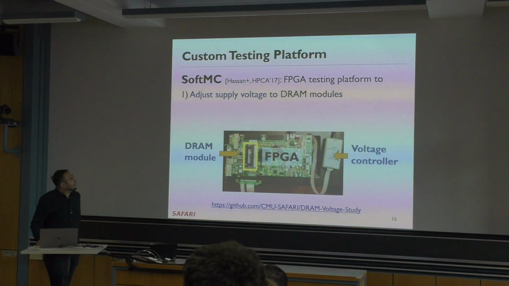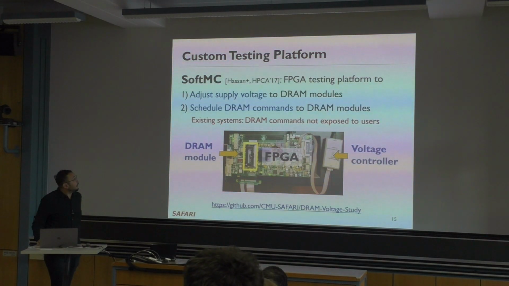And we use a voltage controller device from Texas Instruments to adjust the voltage levels on these rails. Obviously we use real DRAM modules here. And then we schedule DRAM commands precisely using SoftMC so that we can have fine-grained control over the latencies between commands.